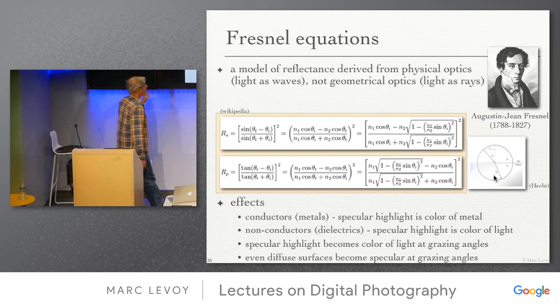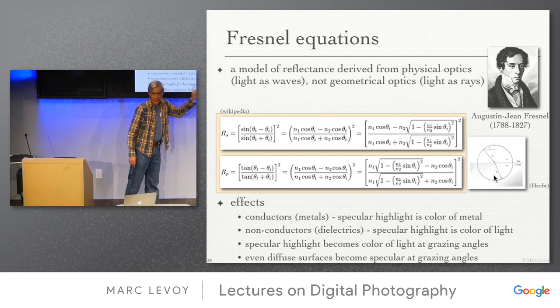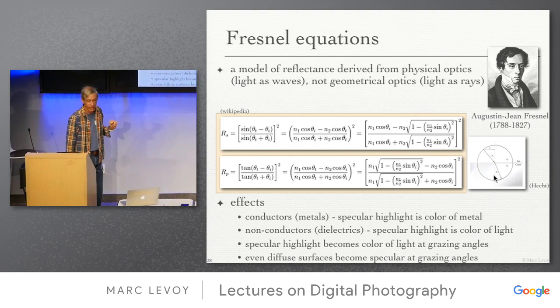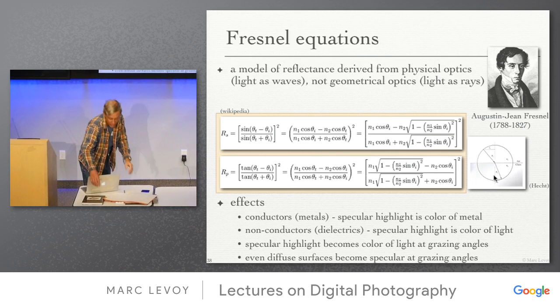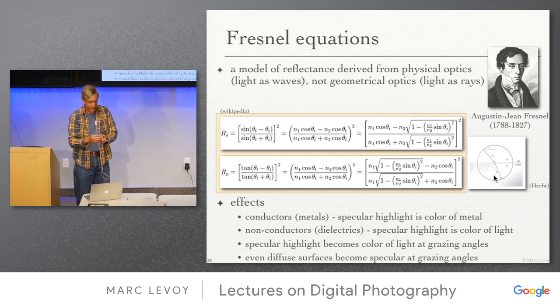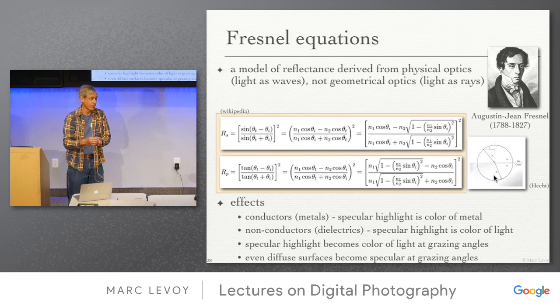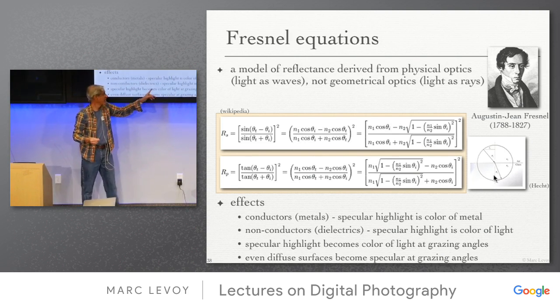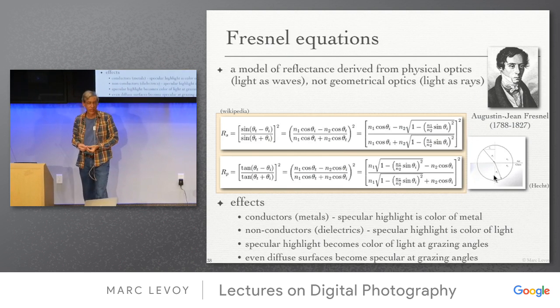So one effect you get is that metals, conductors, have a specular highlight that is the color of the metal. I think I have a shiny penny somewhere here, and its specular highlight is copper colored. Whereas a non-conductor, called a dielectric, has a specular highlight that is the color of the light source.